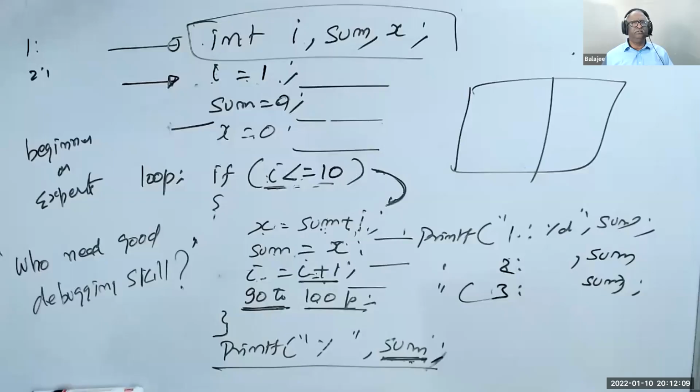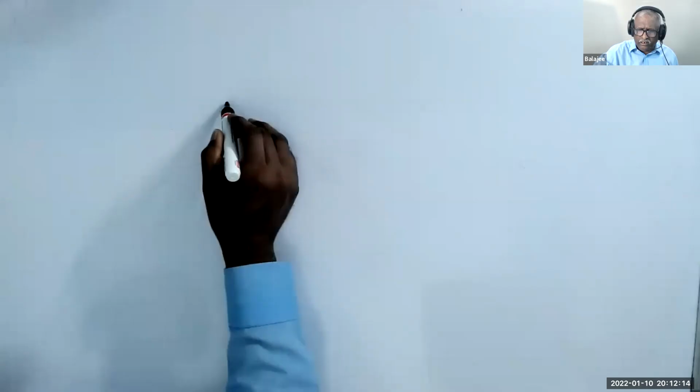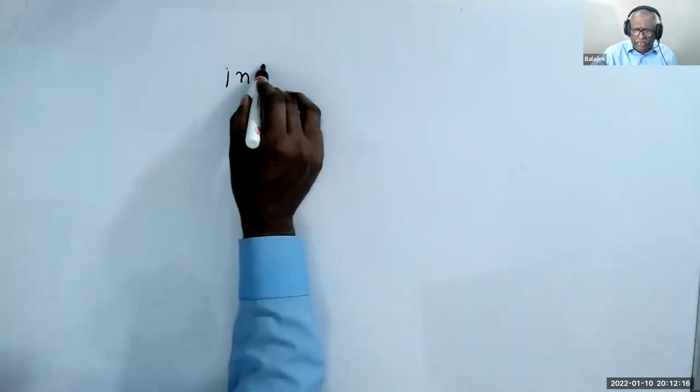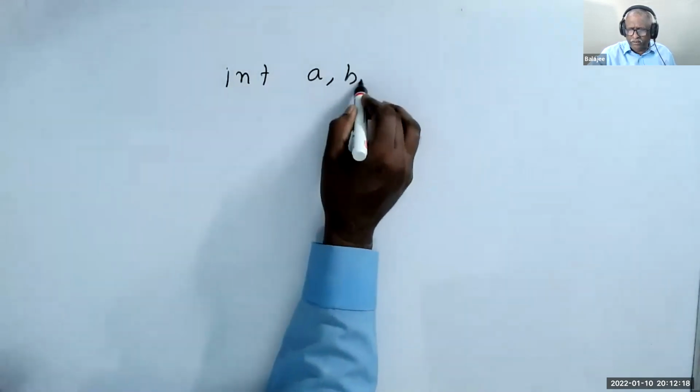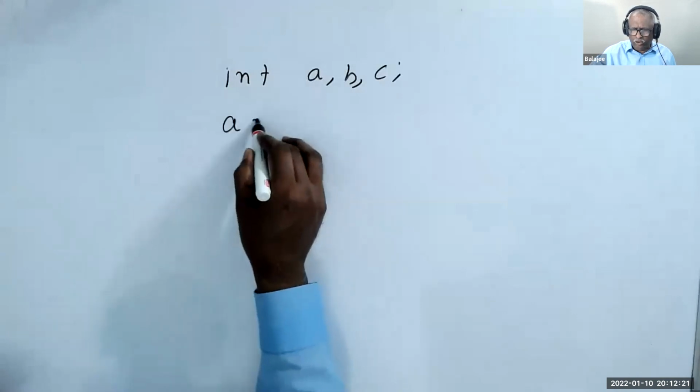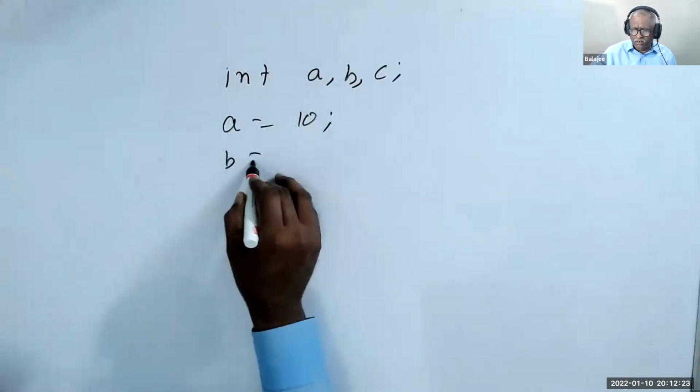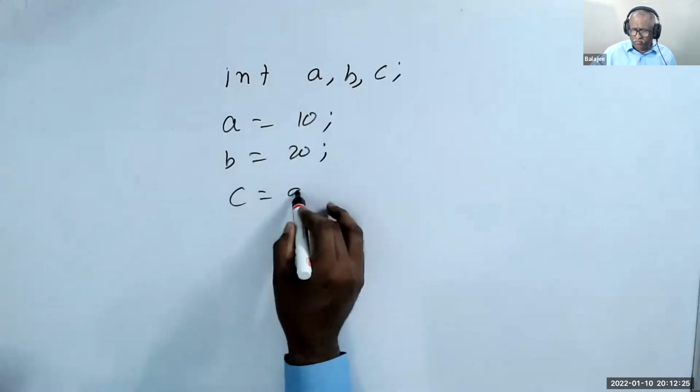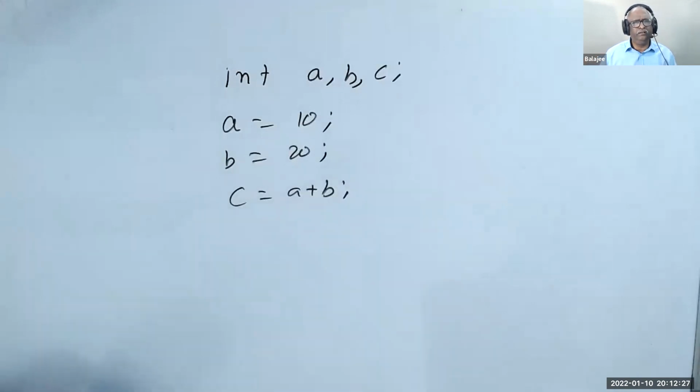We know very clearly about operators, and only one thing you have to understand: we sometimes get confused with operators. When I say int A, B, and C, A equal to 10, that's fine.